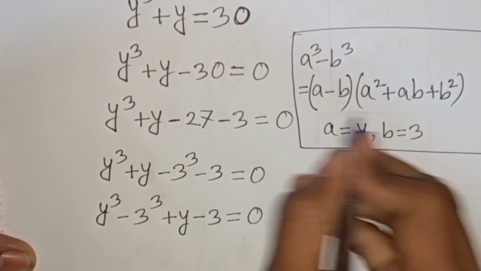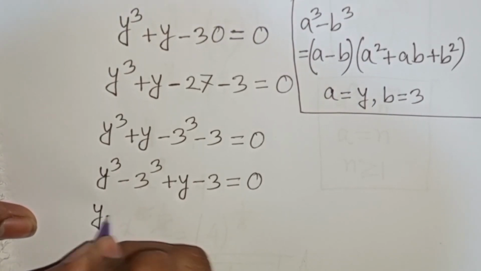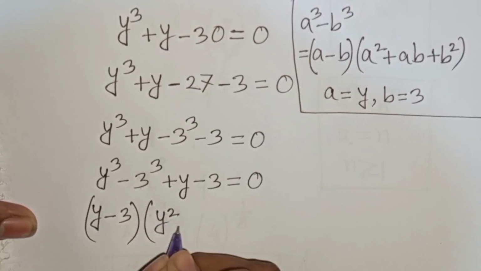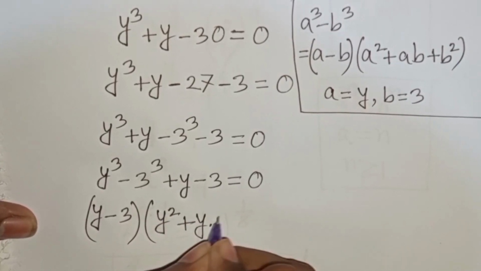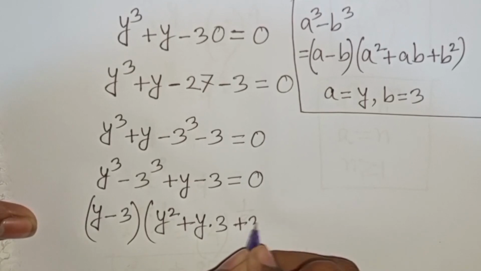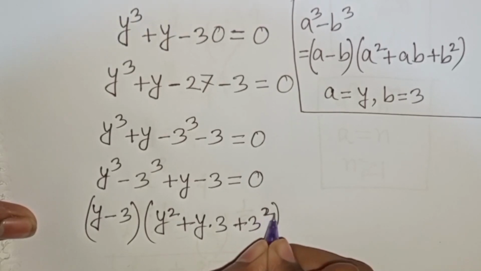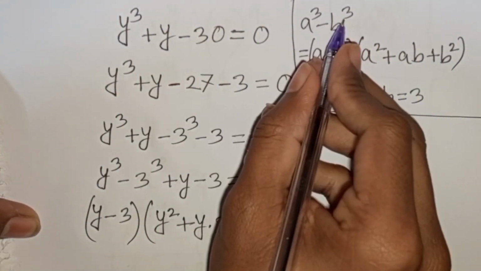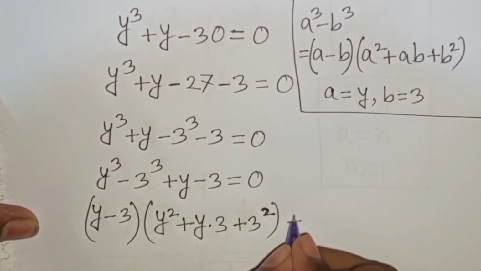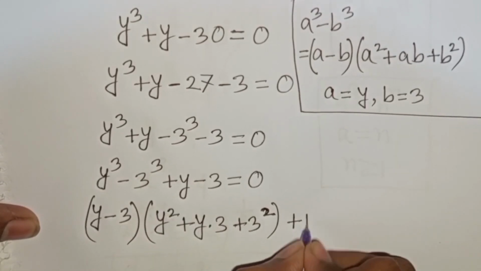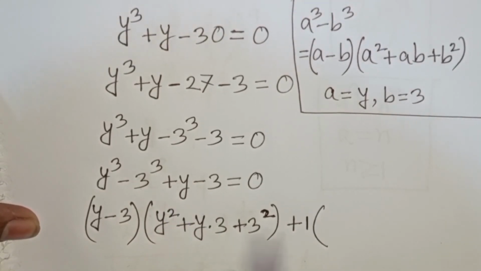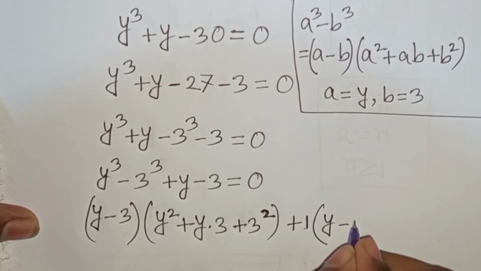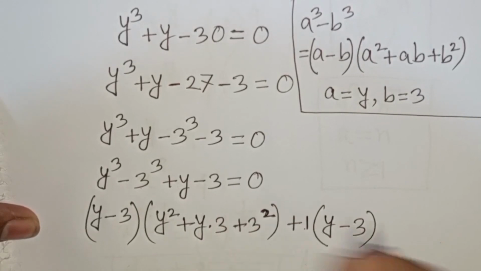So I can write here y minus 3 times y square plus y times 3 plus 3 square. That means this is the formula of a cube minus b cube. Then plus, here we take common, plus 1 is common, so plus 1 is out of the bracket, so this divided by this, that means it will be y minus 3 divided by plus 1, that means minus 3, then bracket close is equal to 0.